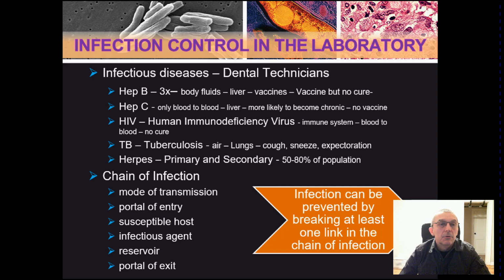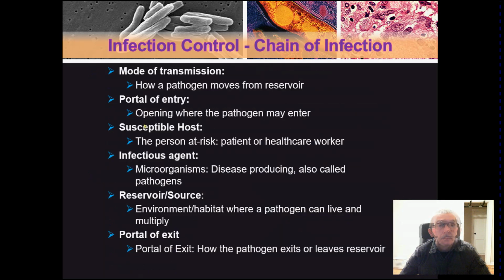So let's go through these one by one. Let's start with the mode of transmission. It's how a pathogen moves from the reservoir. This is usually direct transmission by airborne droplet. Contact, e.g. through the skin, a bite, needles, or other sharp injuries.